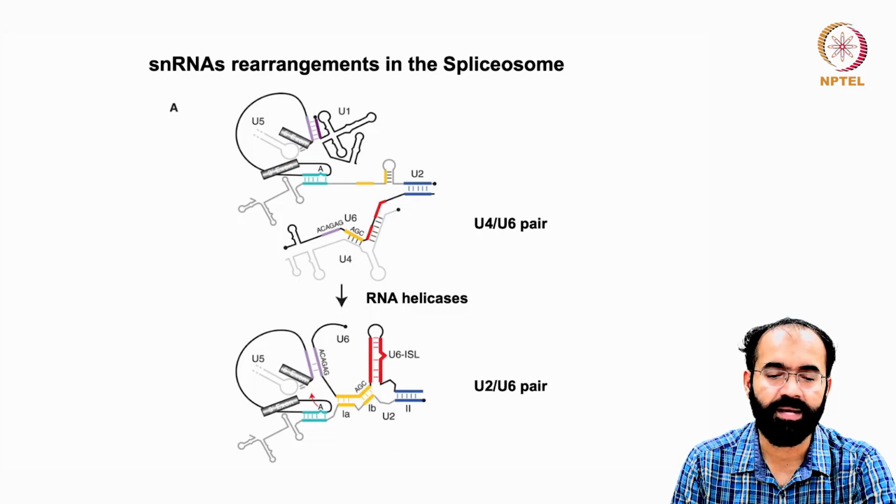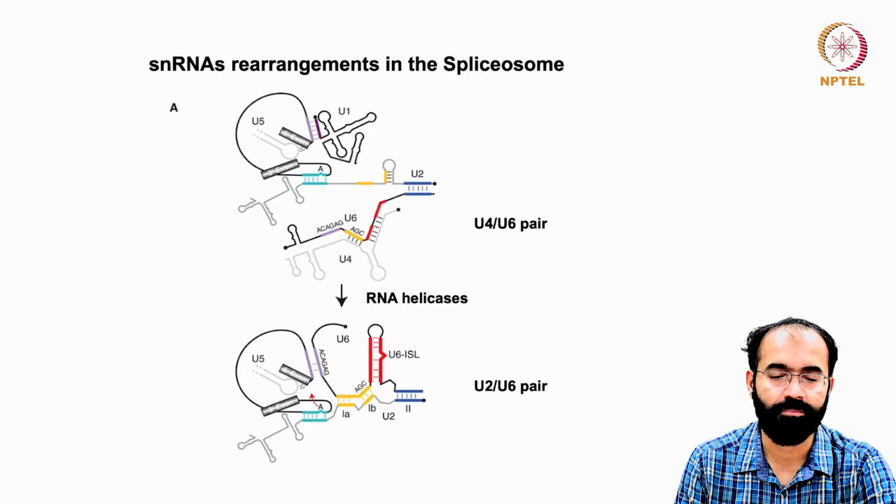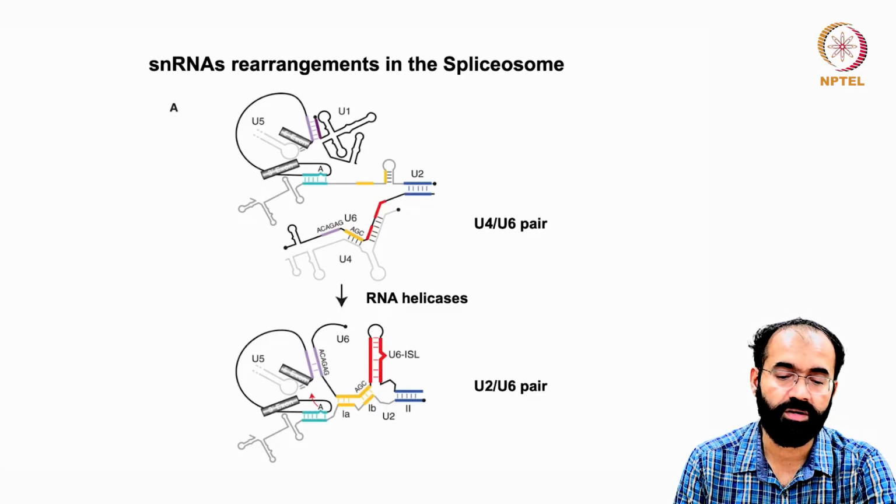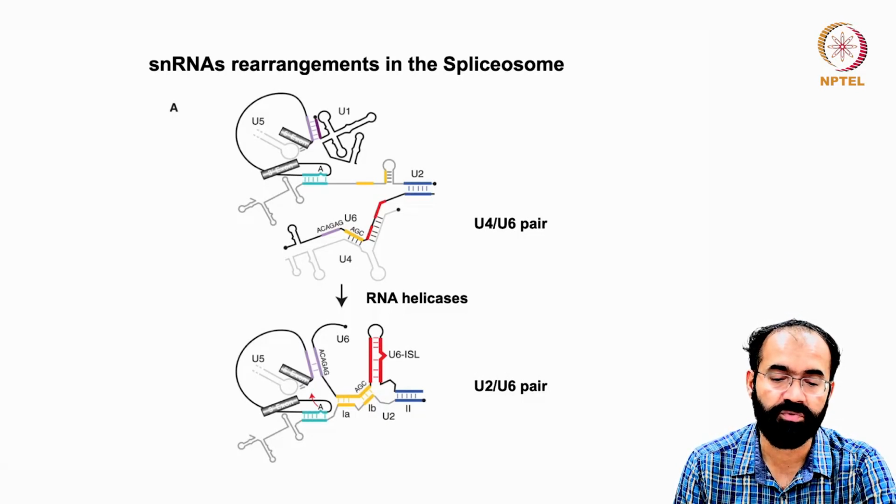Now U1 has paired and U2 has also paired, but remember U2 has a much longer piece that is projected out, which is welcome to occupy a small portion of U6, and U6 is not free. U6 now comes already paired with U4.